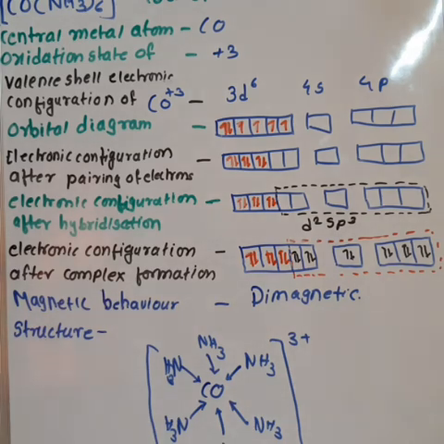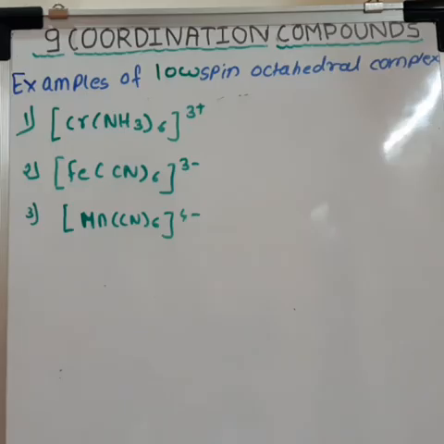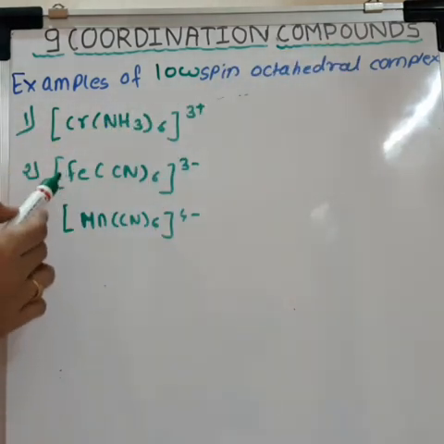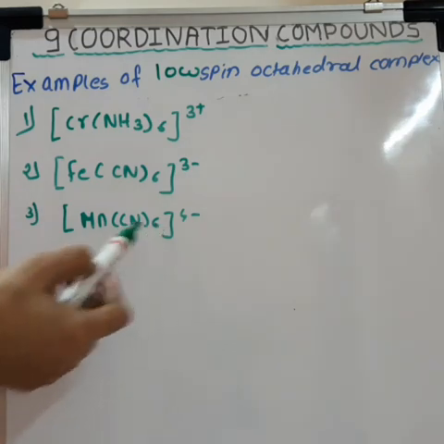So this is the structure of the [Co(NH3)6]3+ complex. These are some examples of low spin octahedral complexes: [Cr(NH3)6]3+, [Fe(CN)6]3-, [Mn(CN)6]4-.